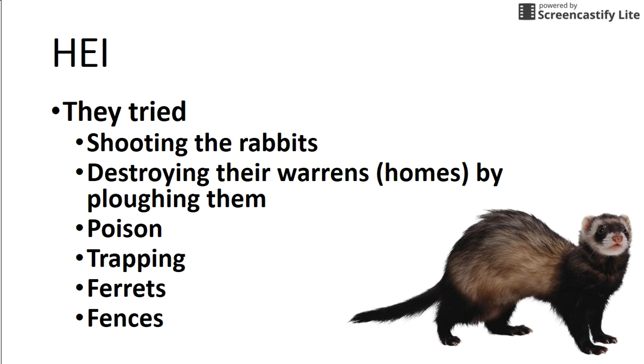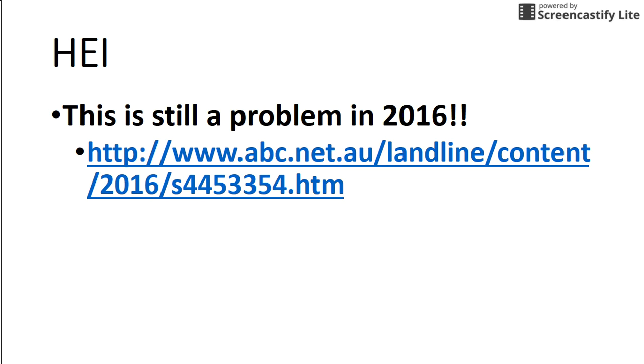They brought in ferrets. That's weird. And then fences, and most recently, I believe, diseases, and they're still using diseases today, and they still have fences up today. They've been trying since 1859, and these work to different degrees, but none are extremely effective as much as they wish.